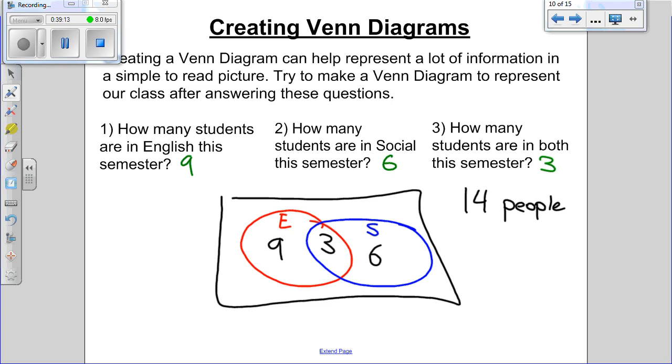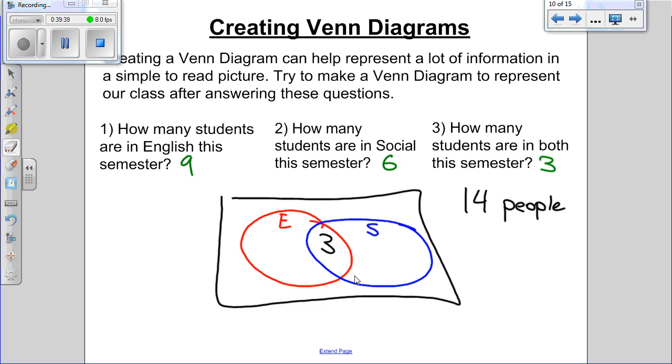So, the way to properly draw a Venn diagram once you have data is to always start from the inside and build out. So what we're going to do is start building our diagram by saying that there's 3 people in both. Now I can build the next circles. So, how many people are in English?